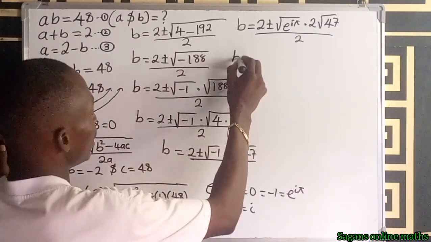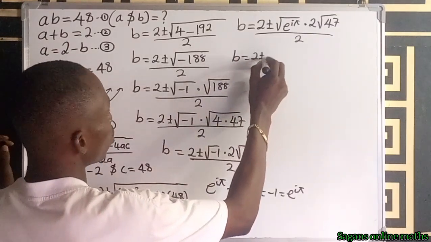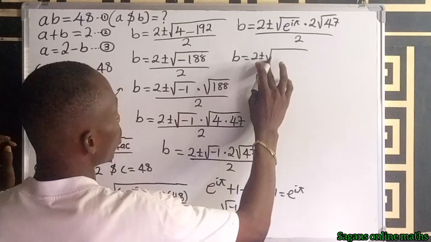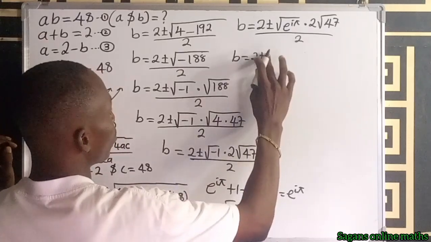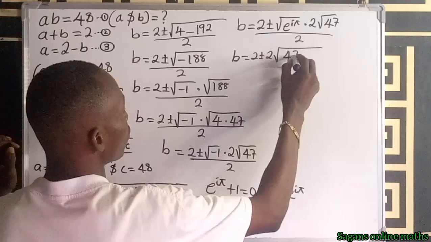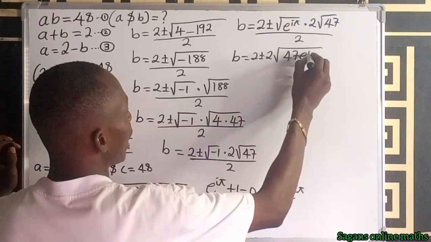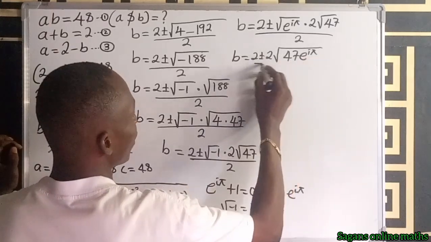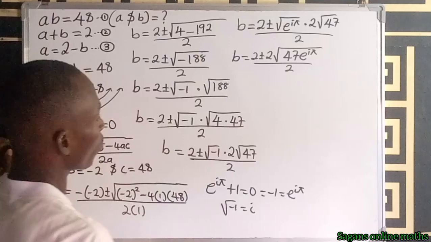So b is equal to 2 plus or minus 2 times the square root of 47 multiplied by e to the power of i pi over 2, all divided by 2.